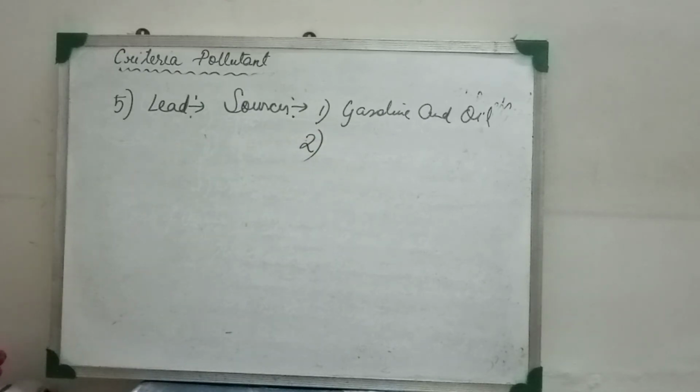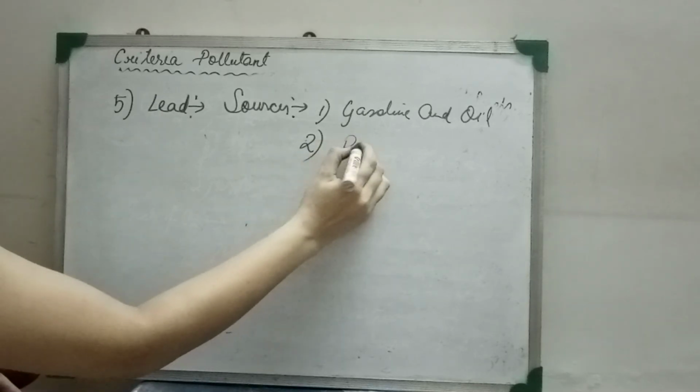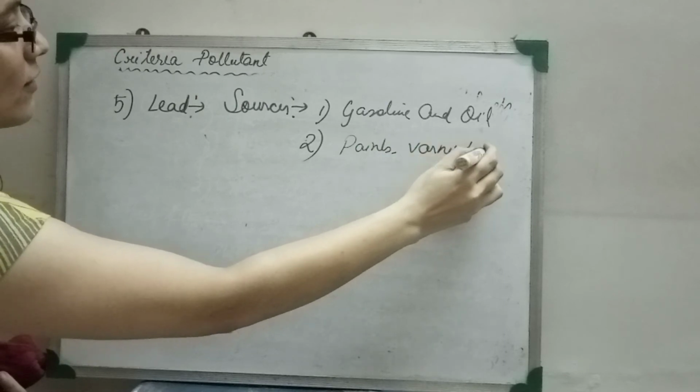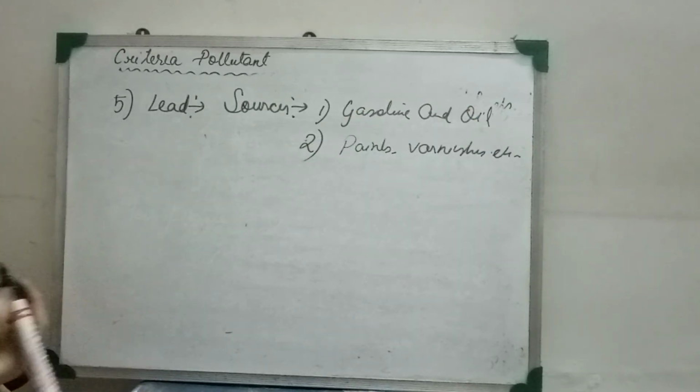Number two includes paints, pigments and varnishes, which use lead to impart intense color. So these are sources of lead in the atmosphere.